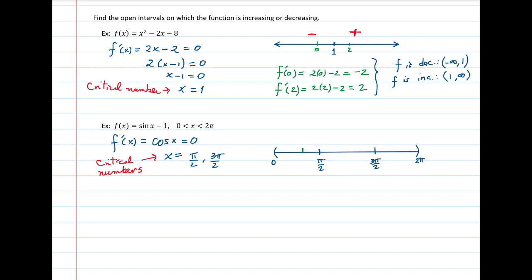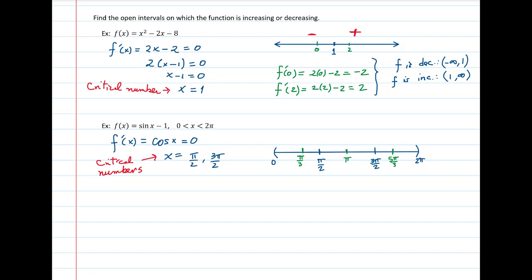So I'm going to pick just one test value from each. As long as it's within each interval, it will work. So I'm picking pi thirds, because pi thirds happens to be between 0 and pi halves. Again, it doesn't matter which one you pick, as long as it's within that interval. For simplicity, I'm trying to pick values that I'm used to so that it'll be easy to evaluate.